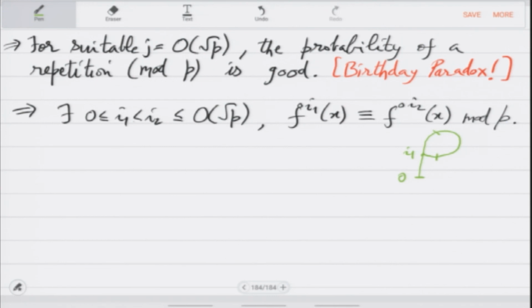So this will be the i1 plus tth iteration, and this will be the i1 plus r minus 1th iteration, and in the next iteration, which is i1 plus r, the thing repeats. So this is how it is moving forward.